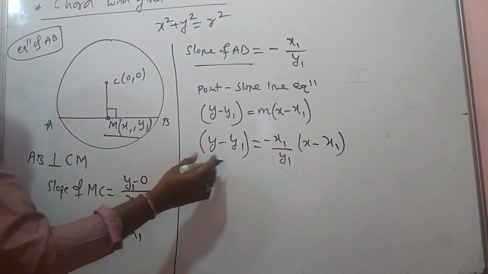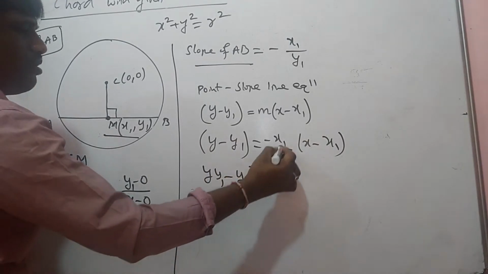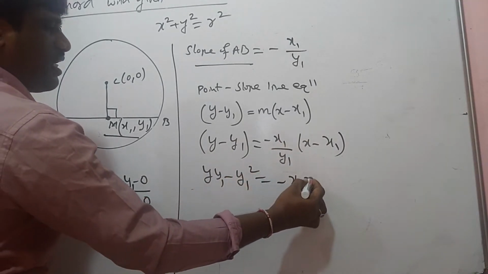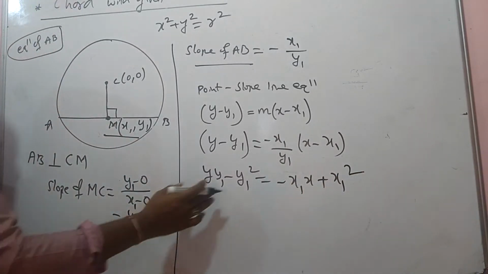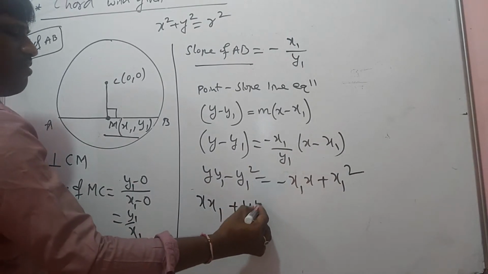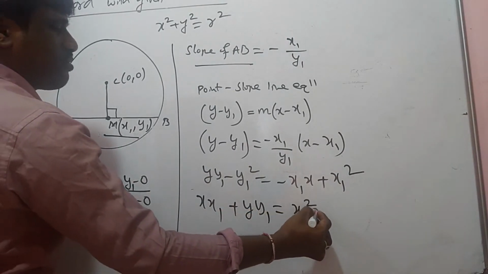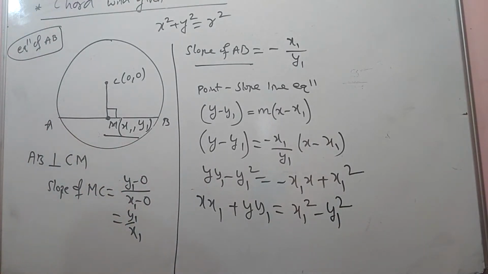If you multiply this, what I am going to get? y1 into y minus y1 square is equal to minus x1 x plus x1 square. Then if I send this side, x x1 plus y y1 is equal to x1 square plus y1 square.